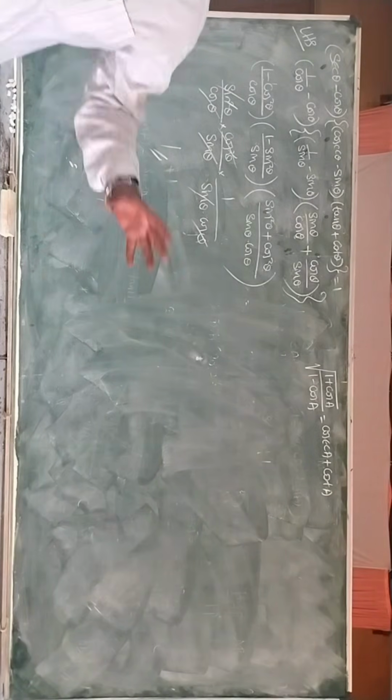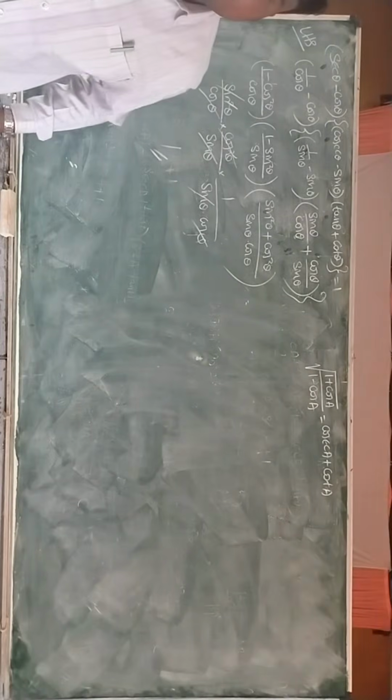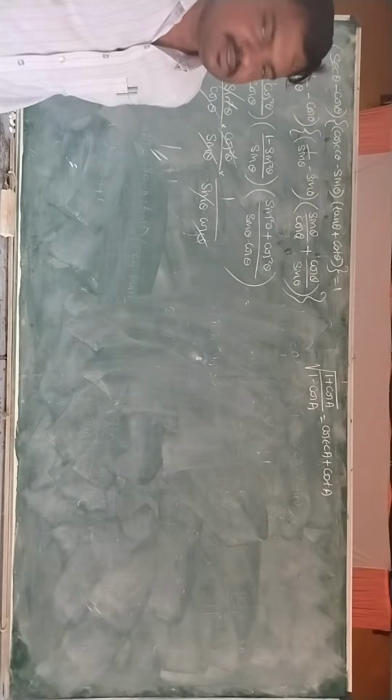Just rationalize the denominator. And the rationalizing factor is 1 plus cos A. Rationalize the denominator, you will get the answer.